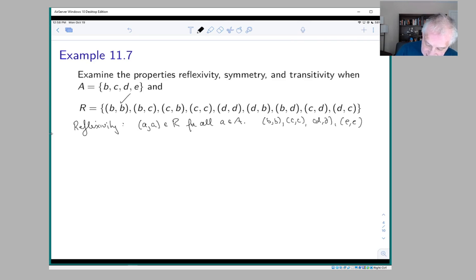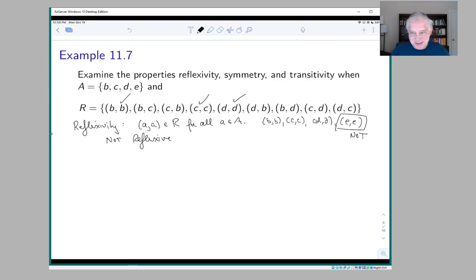Well, (B, B) is, (C, C) is, (D, D) is, but (E, E) is not. So this relation is not reflexive. Because to be reflexive, it has to be the case that for all a in the set, the pair (a, a) has to be in the relation. And that fails because we have one counterexample.